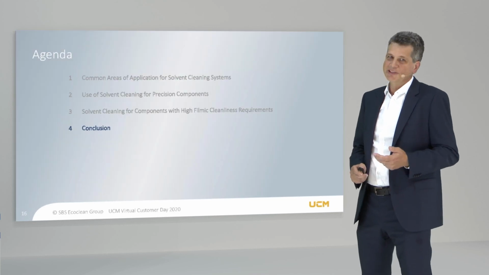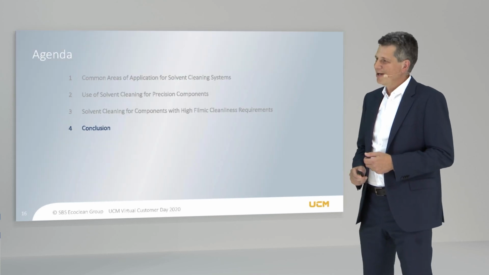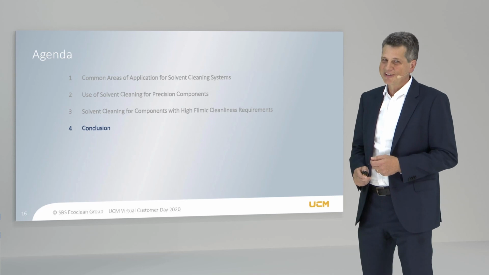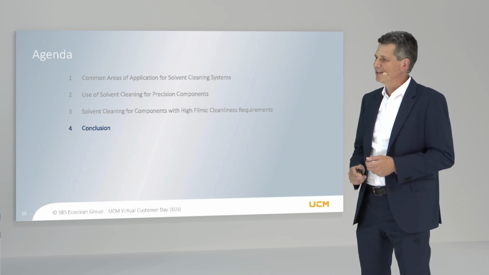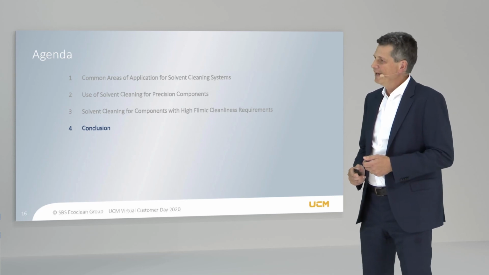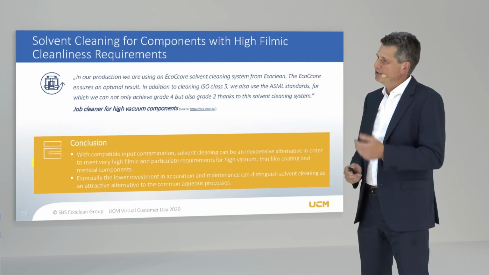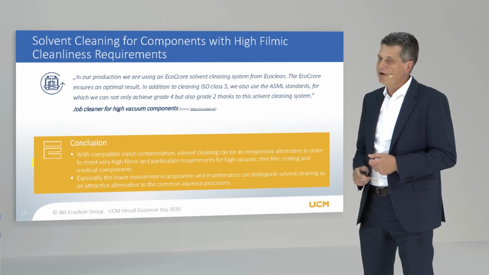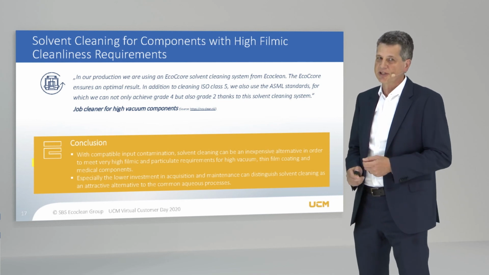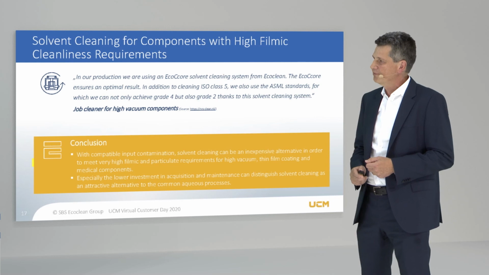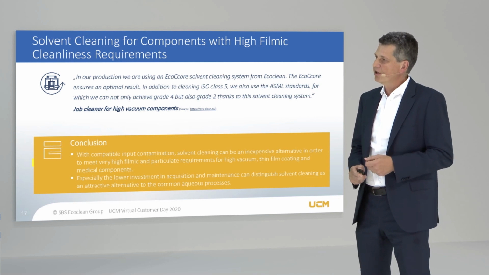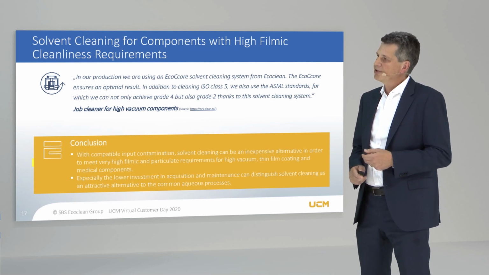What is the conclusion? Well, I wouldn't stand here and tell you, well, all this didn't work. Of course, obviously, we had a good result. And so the conclusion is, here you see a comment of one of our customers who actually uses such a precision solvent cleaning machine from us, Ecoclean Core.